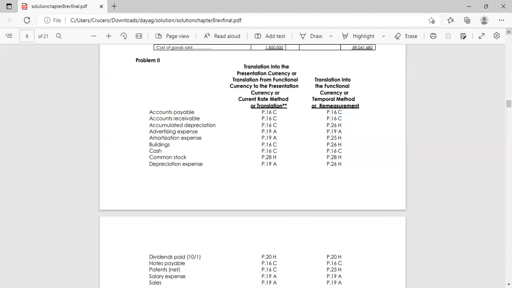Next item is buildings. How do we assign value to the building? Again, for being a non-monetary item at historical cost, for method number 1 we are going to use the current or the closing rate.